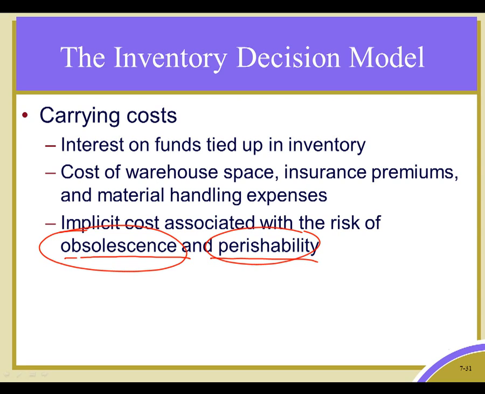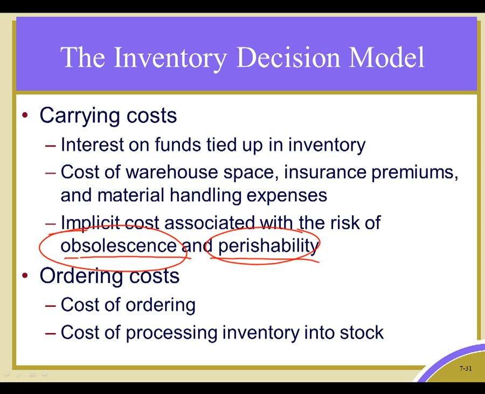In either case, that's a cost of just holding on to inventory. Now, we might want to have inventory as low as possible, but if we do that, we've also got to be concerned with ordering costs. So we can keep inventories at a low level if we are just constantly replenishing our inventory from our suppliers, but there are costs associated with ordering.